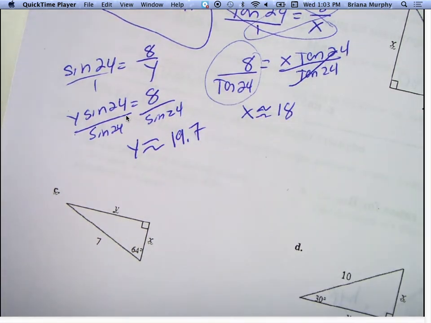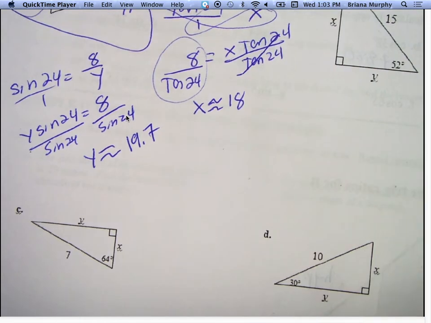Okay, let's try B. We found all 3 sides. Well, we found the adjacent side, but we would have had the opposite side missing.